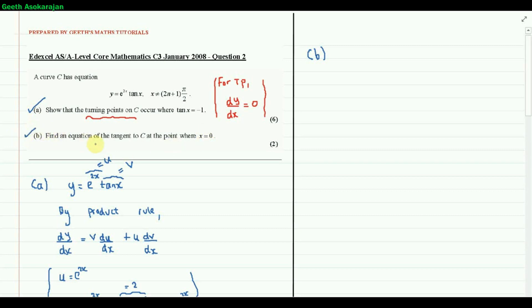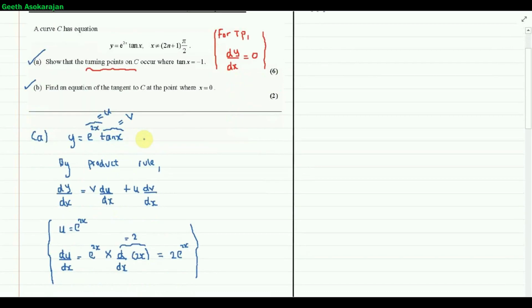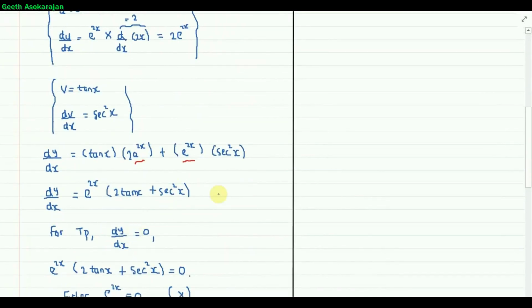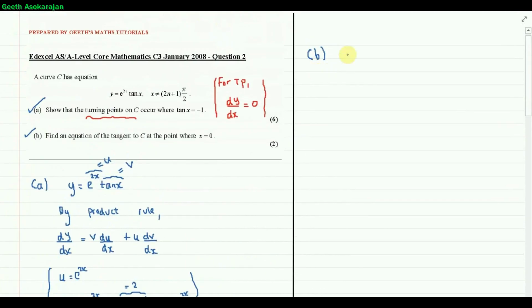However, let's go through the steps. For the equation of the tangent, we need the gradient of the tangent. And for the gradient of the tangent, we need dy over dx. So for dy over dx, here is the answer. It's e to the 2x into 2 tan x plus sec squared x. So let me copy that down.